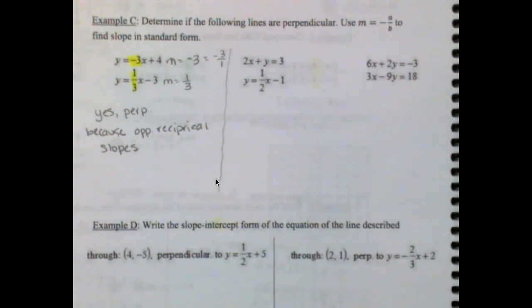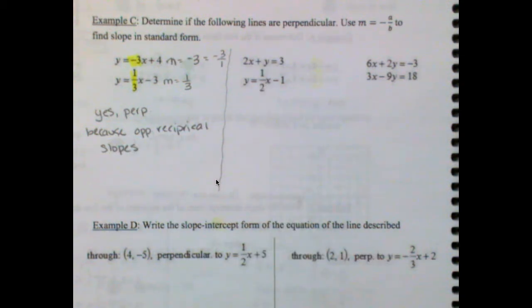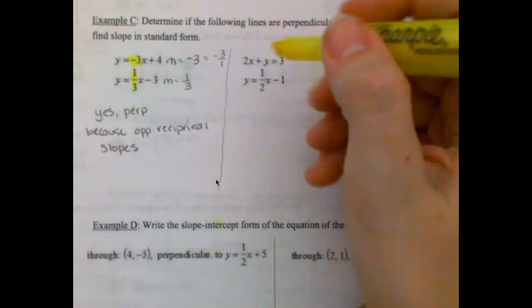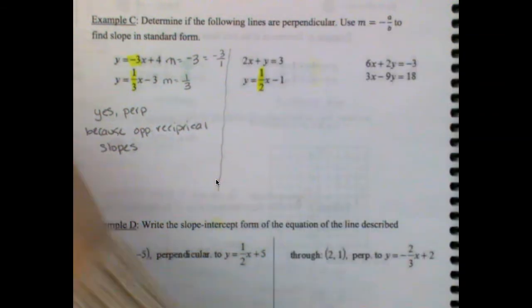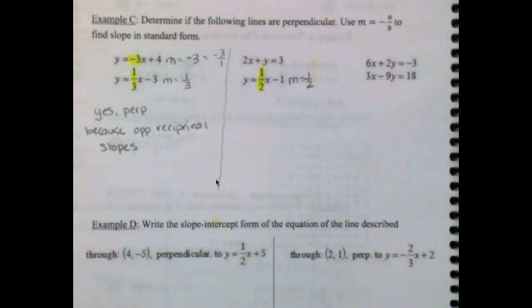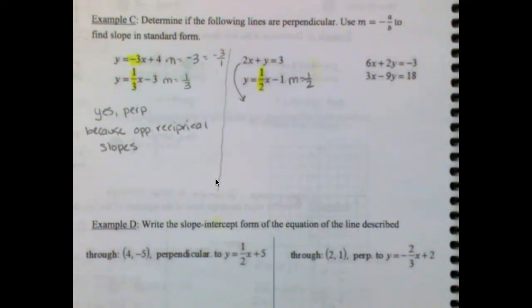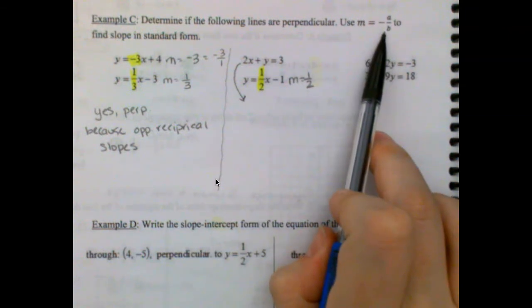The next one, not as easy, but still doable. I'm going to start with the bottom equation because that's the easiest one to see. That bottom equation, the slope right away, I can tell is 1/2 because it's in y equals mx plus b form. And then this standard form, I'm going to bring it down here. I have to use this formula, -a/b.